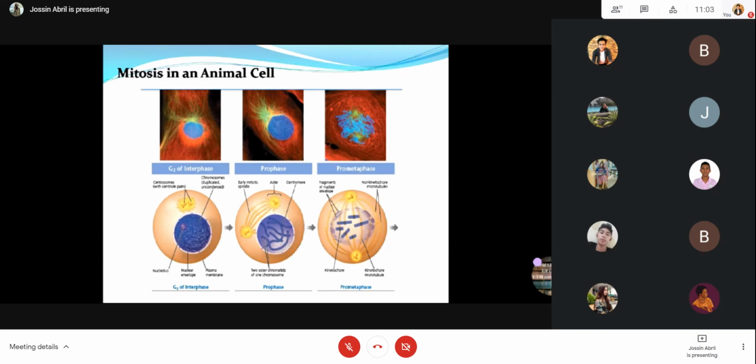Some of the microtubules attach to these kinetochores, becoming kinetochore microtubules, which jerk the chromosomes back and forth. However, the non-kinetochore microtubules interact with those from the opposite pole of the spindle.